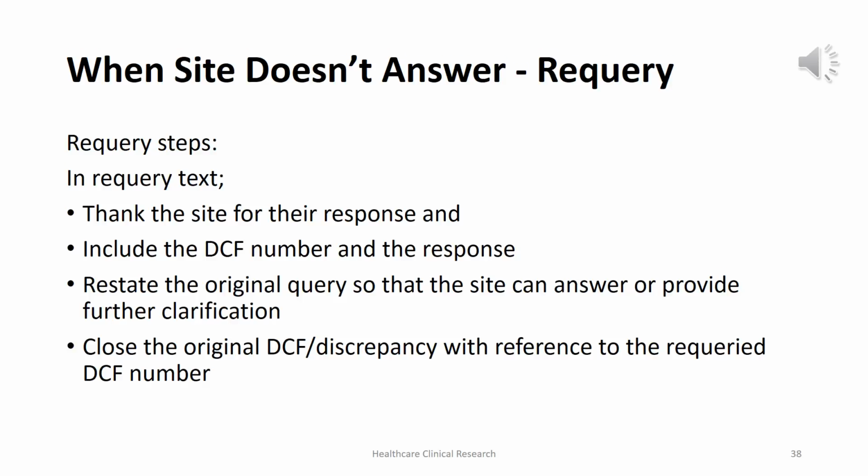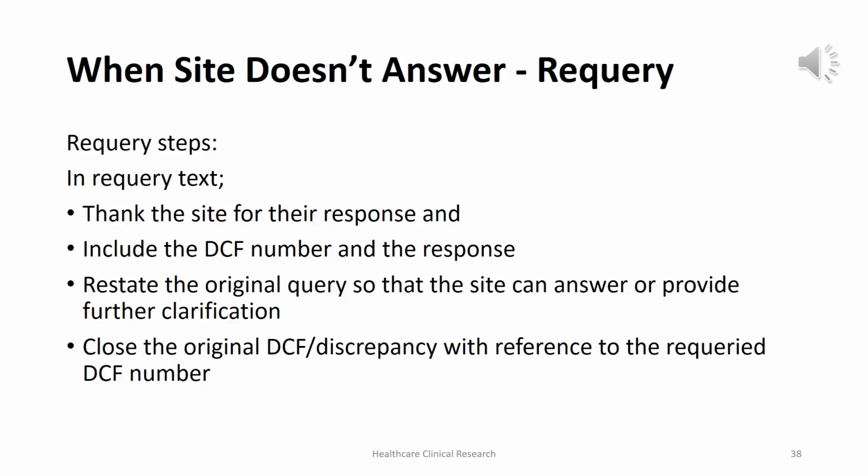If we need to requery a previous query, in our text, we want to thank the site for their response. And then we also want to include the DCF number and their response so that they can very quickly match up the two. We want to restate the original query so that the site can answer or provide further clarification.